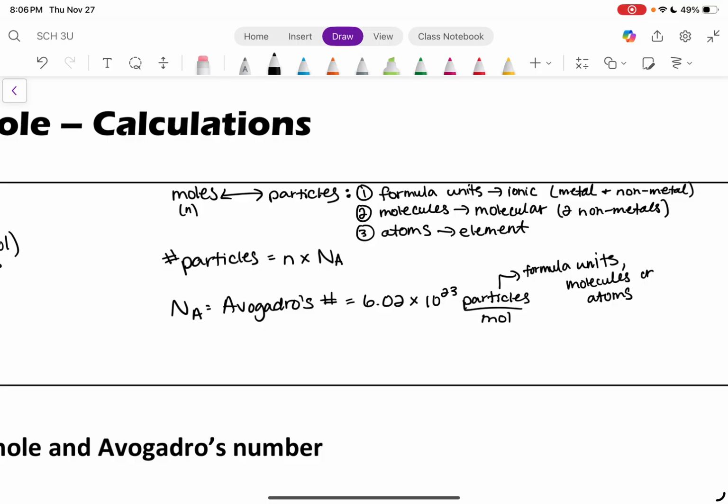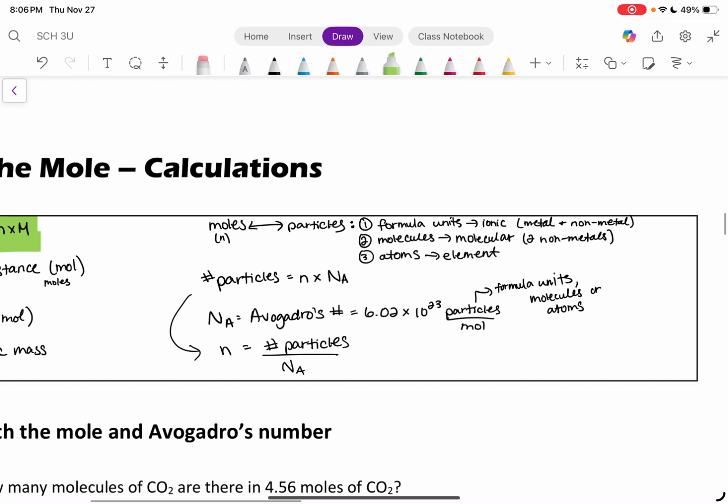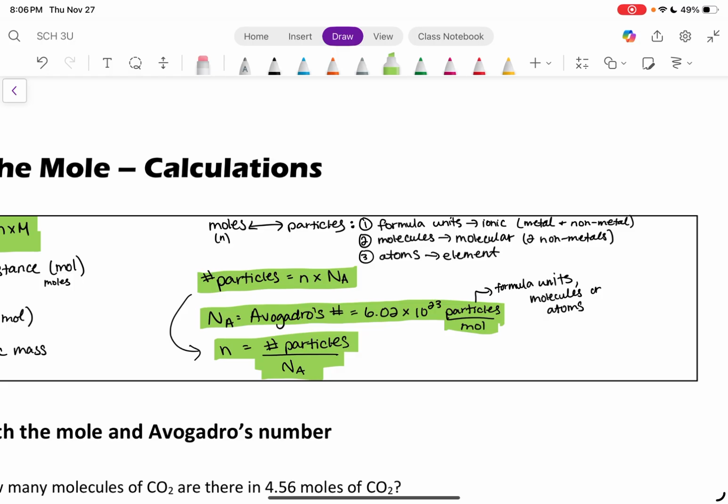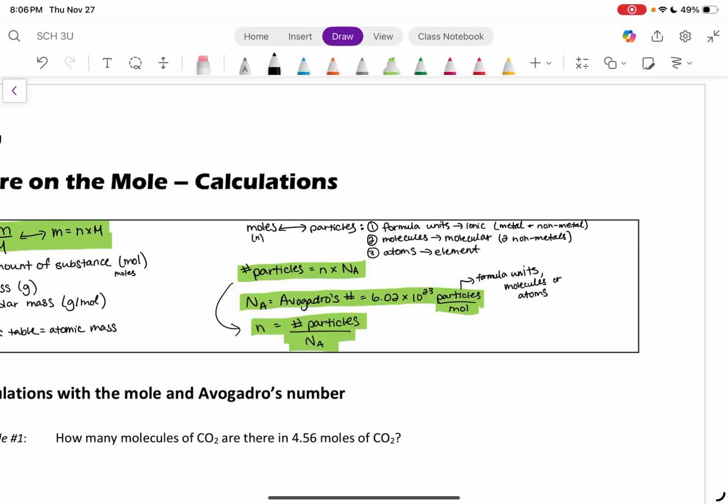You can also rearrange this formula to solve for moles, like such. I will give you this and this and this on the test, but you will not be told the formula units, molecules, anything like that. You do need to know that.